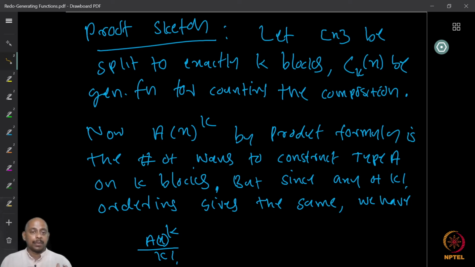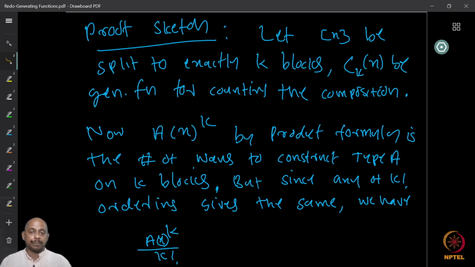But since I am going to put A structure on each of these parts, right? At the first block I am putting A structure, second block I am putting A structure, third block also I am putting A structure. So therefore, it doesn't matter which order I have these blocks, right? What only matters is how many blocks there are, right?